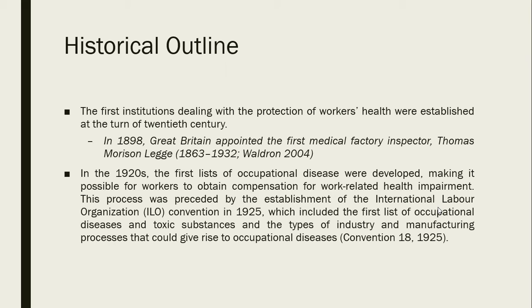In the 1920s, the first lists of occupational disease were developed, making it possible for workers to obtain compensation for work-related health impairment. This process was preceded by the establishment of the International Labour Organization, or ILO, Convention in 1925, which included the first list of occupational diseases and toxic substances and the types of industry and manufacturing processes that could give rise to occupational diseases.